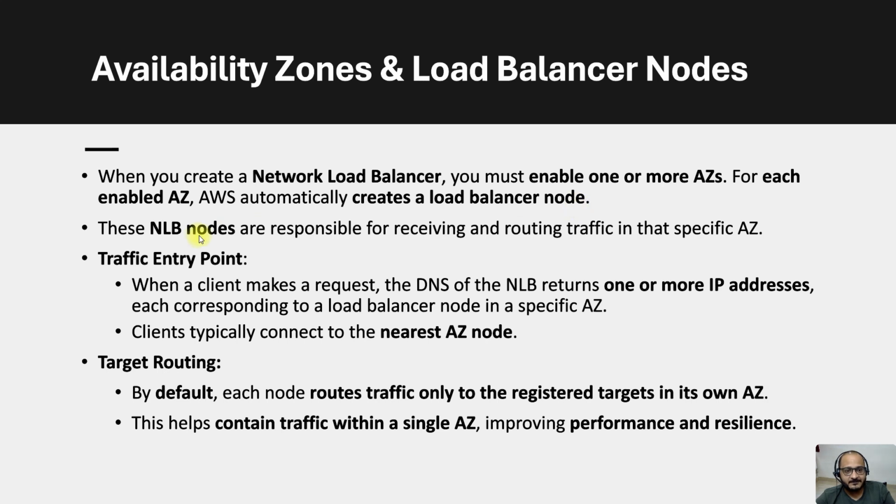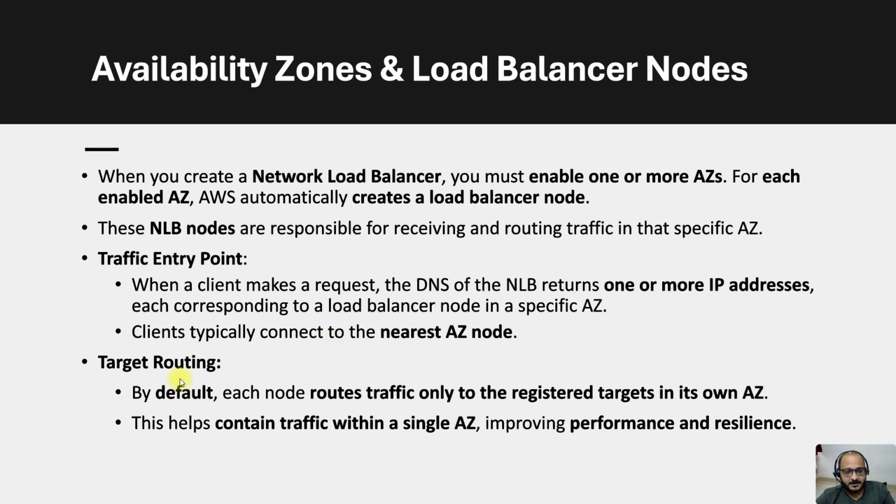These NLB nodes are responsible for receiving and routing traffic in that specific availability zone. So what will be the traffic entry point? When a client makes a request, the DNS of the NLB returns one or more IP addresses, each corresponding to a load balancer node in a specific availability zone, and the client typically connects to the nearest availability zone.